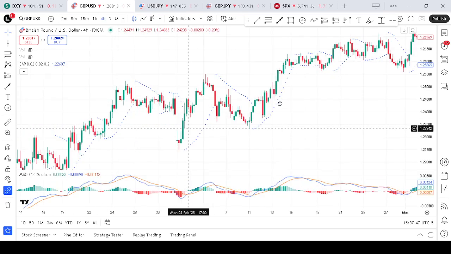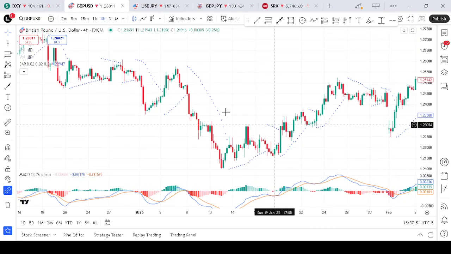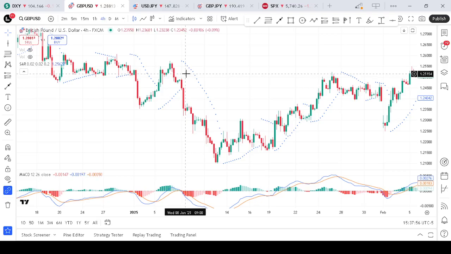While in a short trade, let's look for a selling opportunity. First of all, we check if our Parabolic SAR is above the price. Once it's above the price, yes, it means we are in a downtrend. Secondly, we check the MACD line.